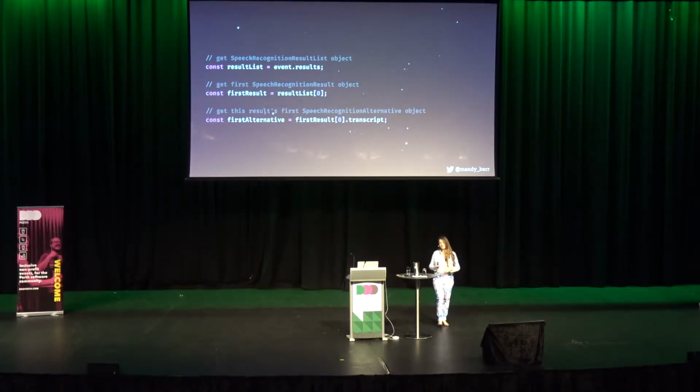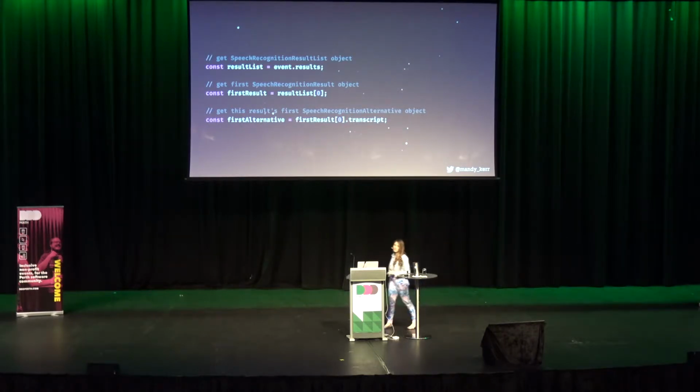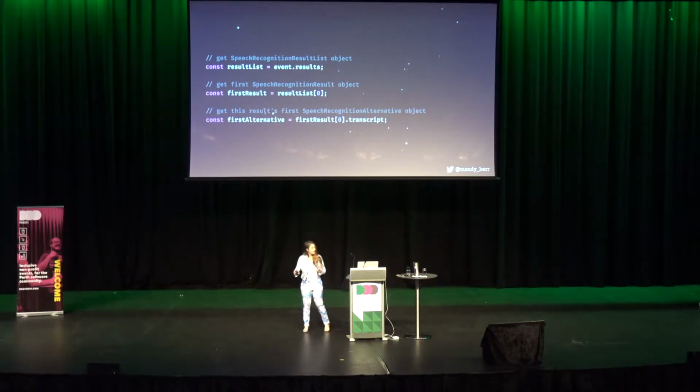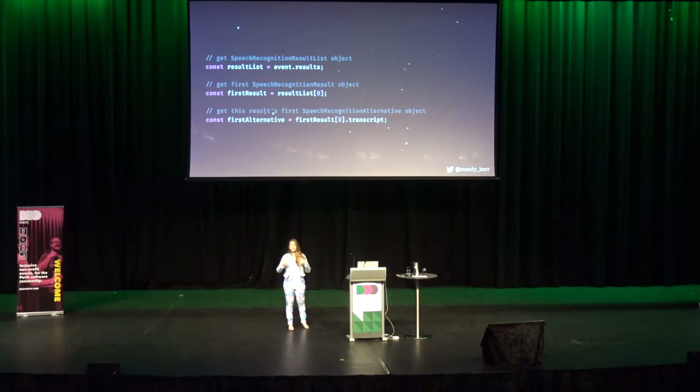Now the last thing, this is going to be the most complicated thing I'm going to explain to you all day, so this is going to set the scene for how fun the rest is going to be. The speech recognition API is a little bit complicated in that it can return multiple results and multiple options of those results.